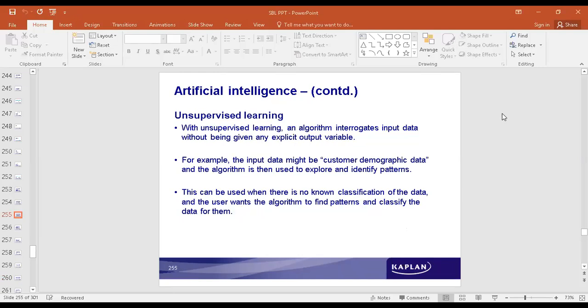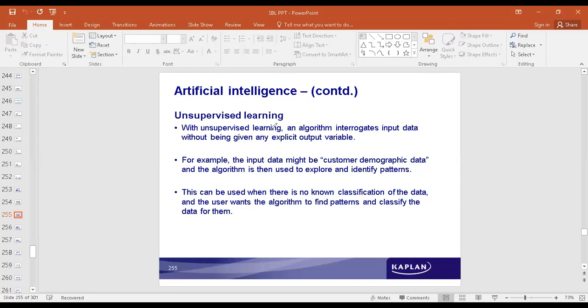We also see that there is unsupervised learning. With unsupervised learning, an algorithm interrogates input data without being given any explicit output variable.